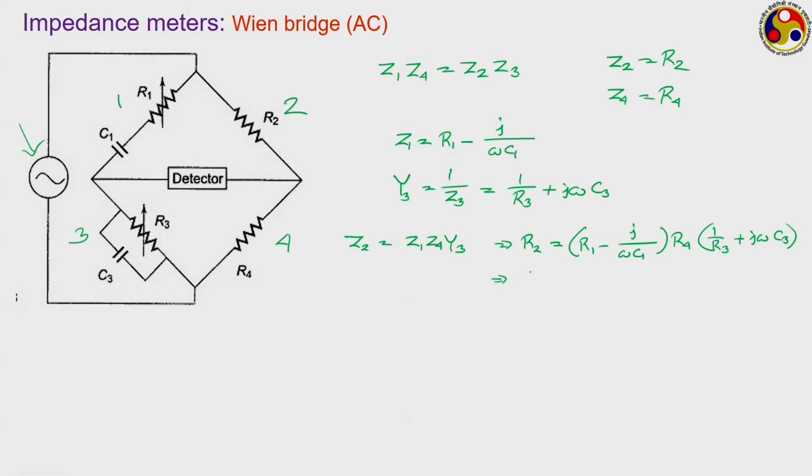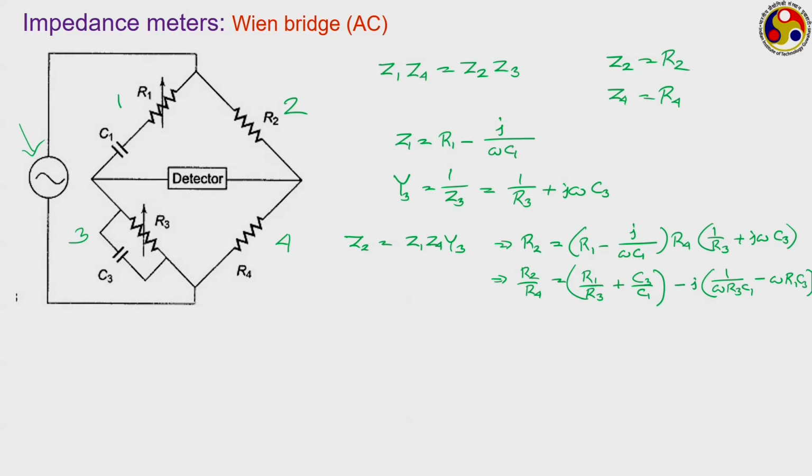That is, R2 upon R4 is equal to, if we simplify this or take a product of this, R1 upon R3 plus C3 upon C1 minus j into 1 upon omega R3 C1 minus omega R1 C3.